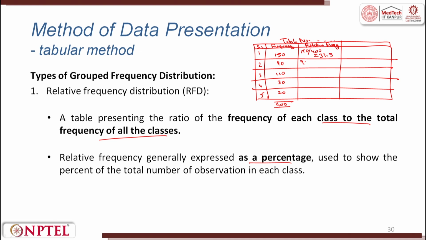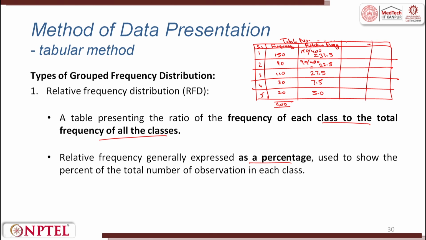This becomes 90 by 400, which is equal to 22.5%. I'll just put all the percentages here: 27.5, 7.5, 5.0. This is the relative frequency.